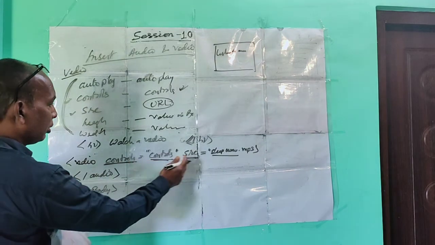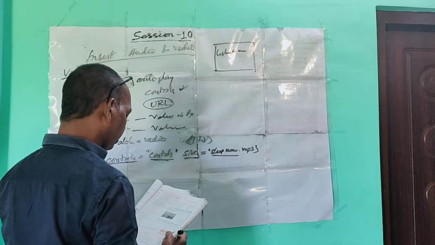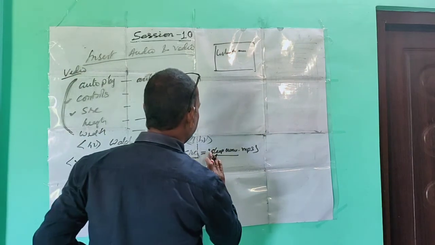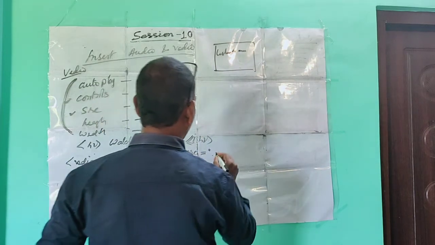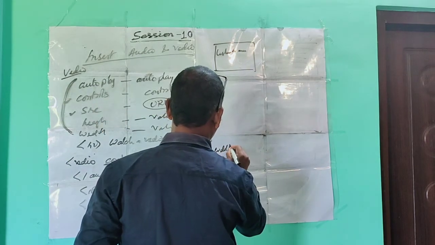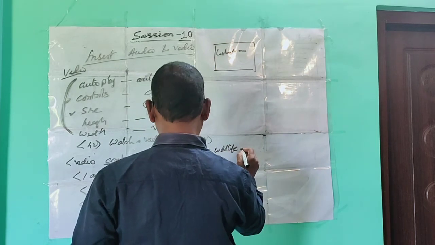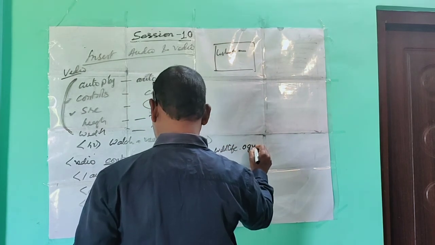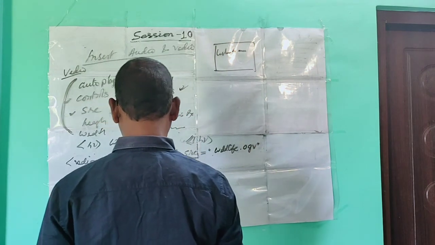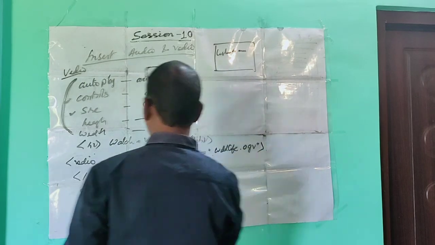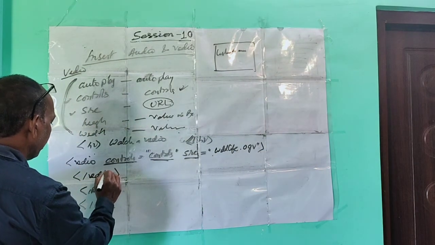Controls equals to controls, source, if you write here wildlife.ogg, then body, video close, body close.